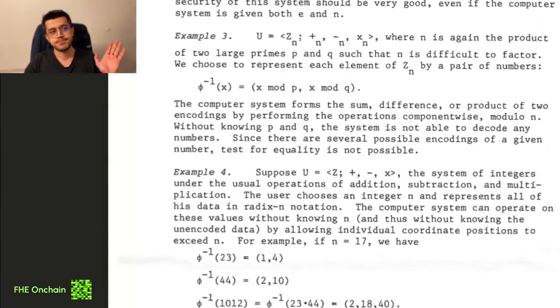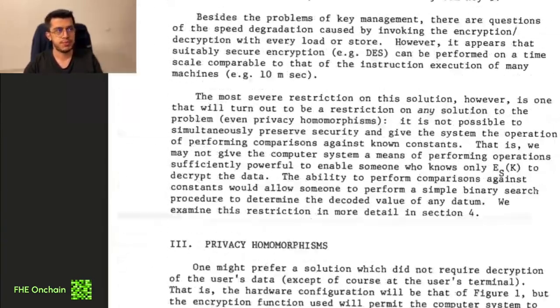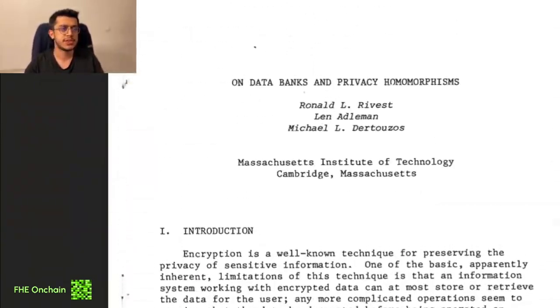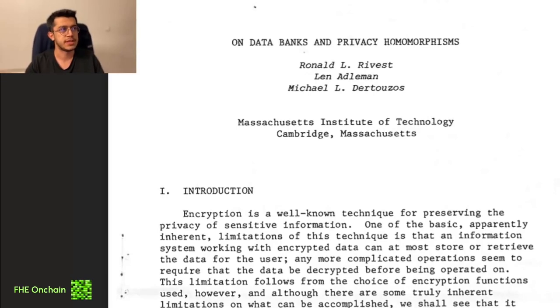So this was the main walkthrough, and this is a relatively short paper of like 11 pages, and the importance of this paper lies on the fact that this was almost 50 years ago, and also it was the very first serious attempt toward using cryptography to ensure privacy.